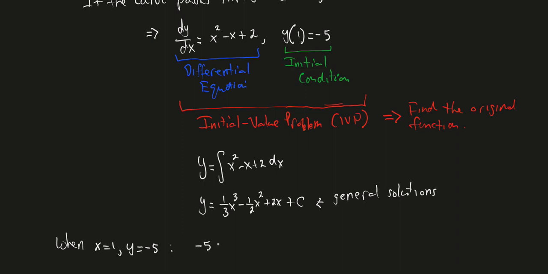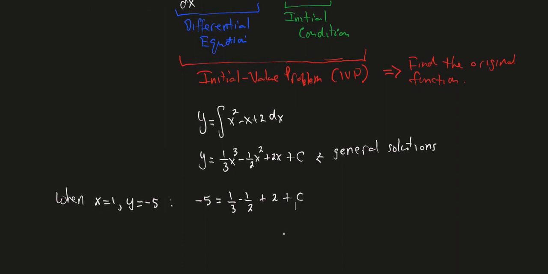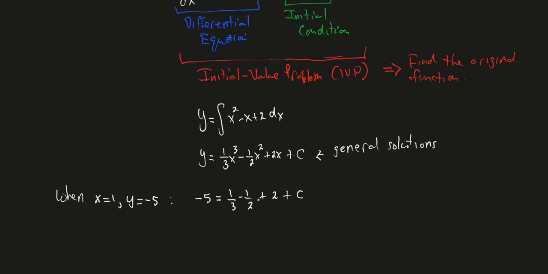So we have -5. When I plug 1 in for x, I will have 1/3 minus 1/2 plus 2 plus c. So let's go ahead and write everything with a common denominator of 6, so that our arithmetic will be a little bit easier to do.